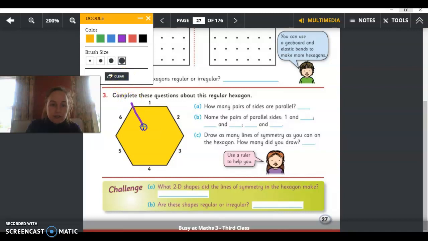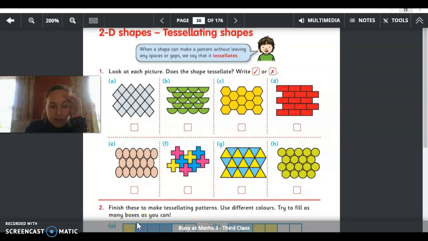Hard to do it on the computer. Okay, so you need to count up how many lines of symmetry you can draw all together. So that's that page.